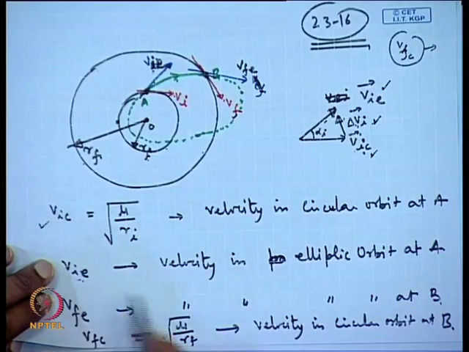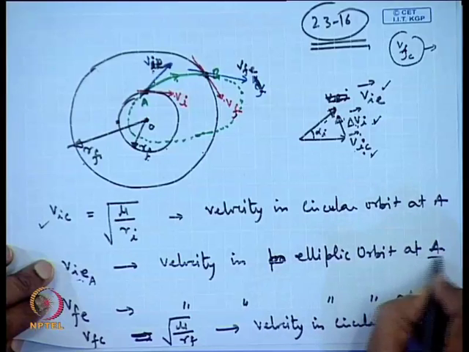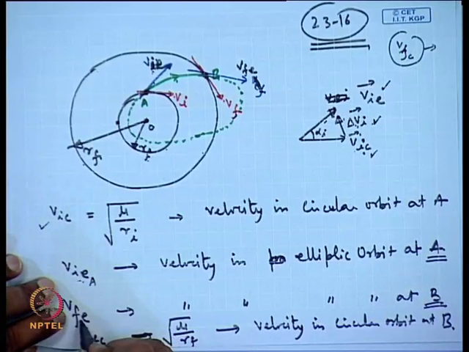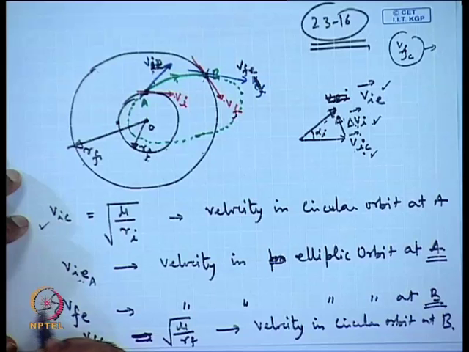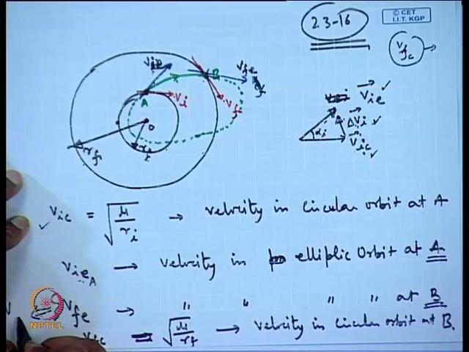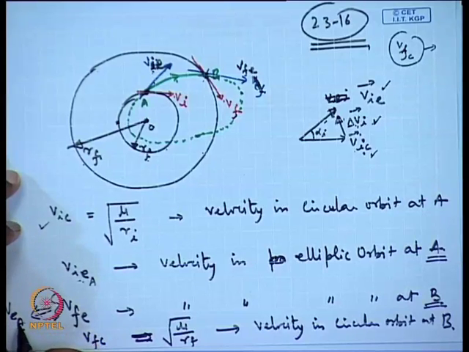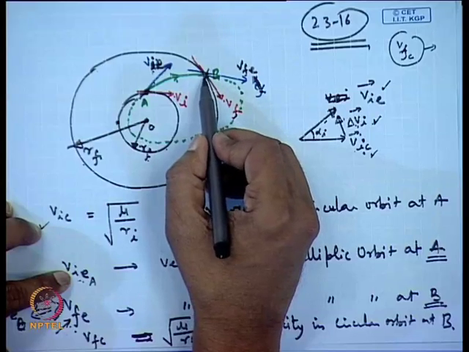We can put a subscript later on, but V_IE indicates the velocity in the elliptic orbit, and we can put a subscript A to indicate that this is at point A. And V_FE is the velocity in the elliptic orbit at B. Here we have put I and f: this is the initial point, the starting point in the initial orbit, and this is the point in the final orbit.